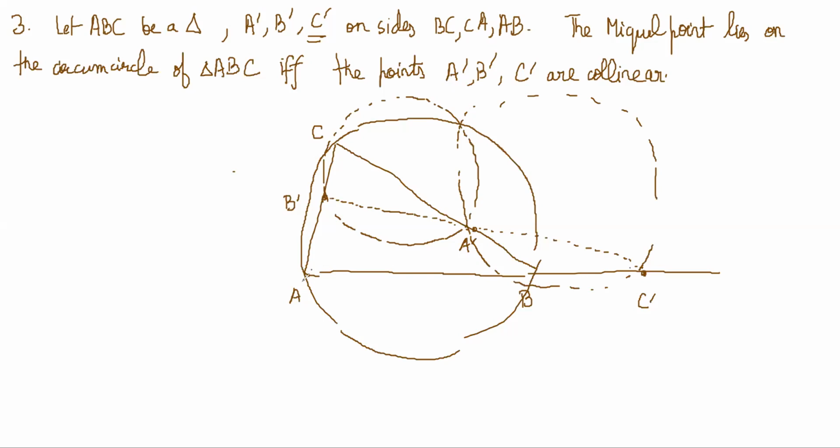So the circle will be somewhat like this. You have to prove that this Miquel point, the intersection point of these three circumcircles, is lying on the circle. This Miquel point is M, let's say. This Miquel point lies on the circumcircle of triangle ABC.